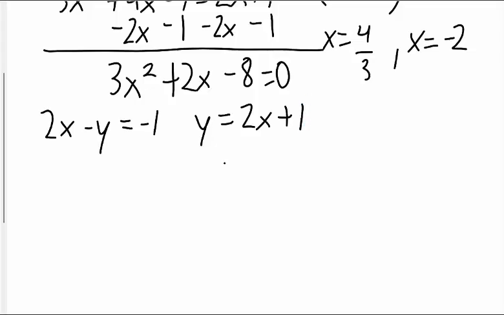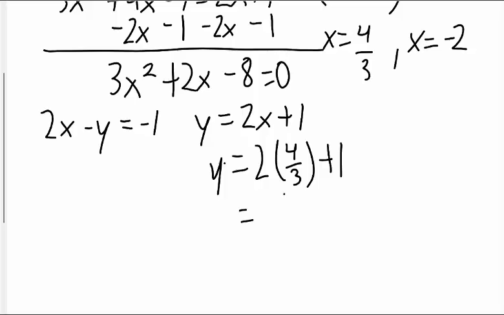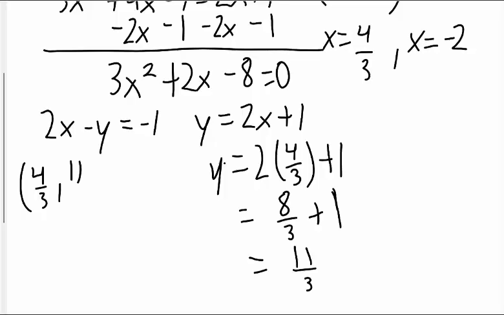So y equals 2 times 4/3 plus 1. 2 times 4/3 is 8/3. I hope you remember that 1 is 3/3. So that is 11/3. So our first answer is (4/3, 11/3).